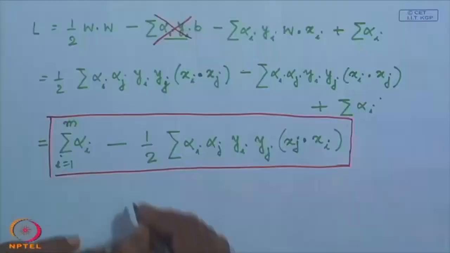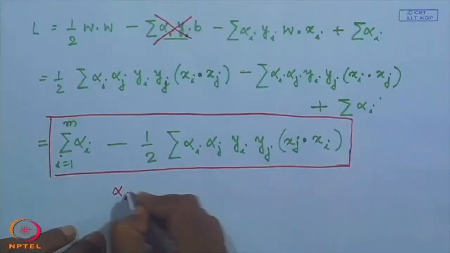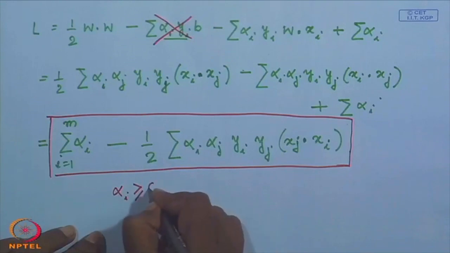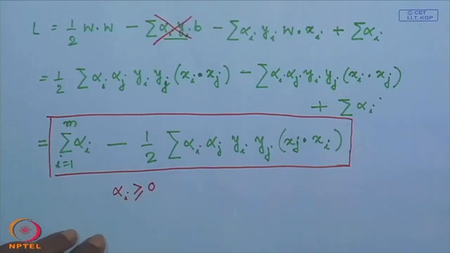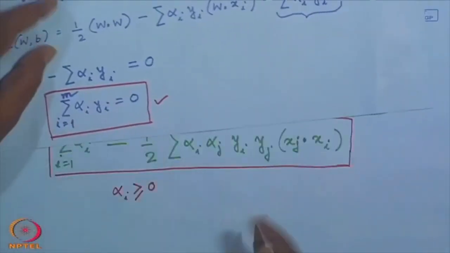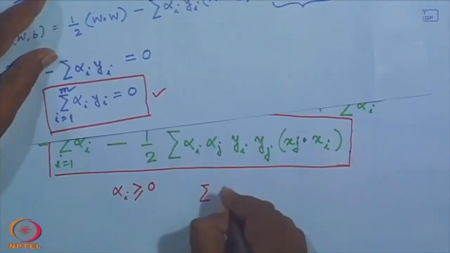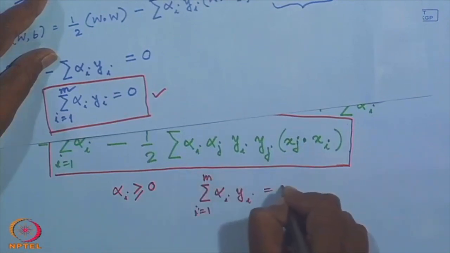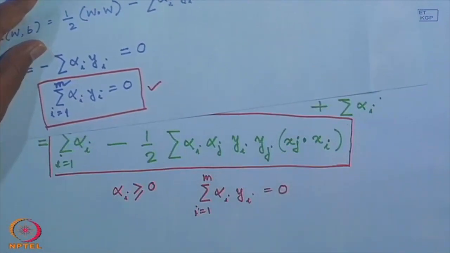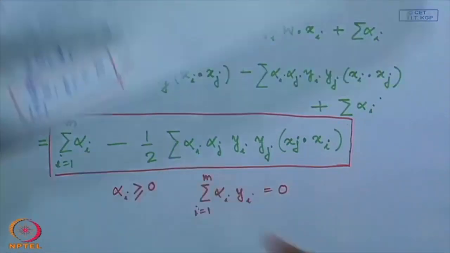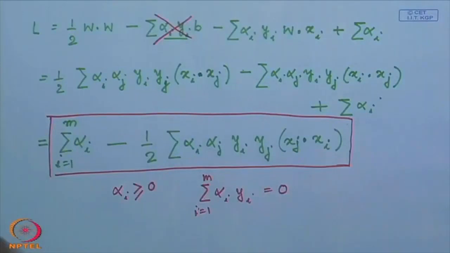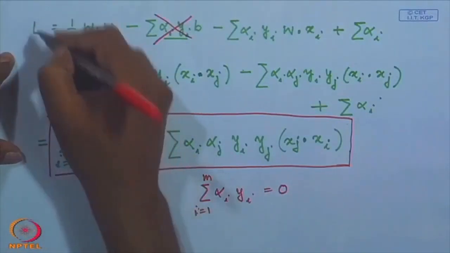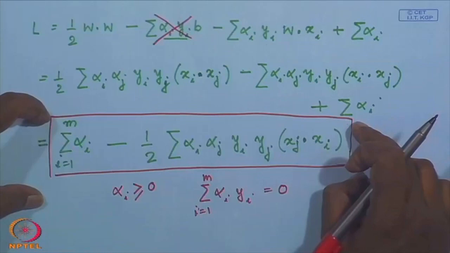So, I have one constraint that alpha_i always has to be greater than or equal to 0, and the other constraint that we have from here is that the sum of alpha_i y_i varying from 1 to m has to be equal to 0. So, I have to find such Lagrangian multipliers which maximize this Lagrangian expression.